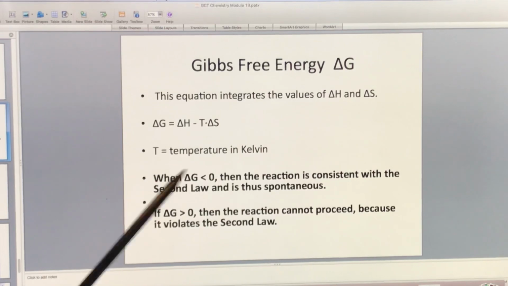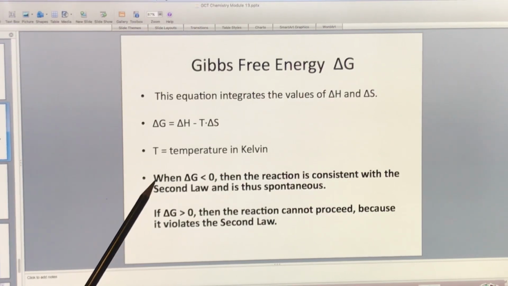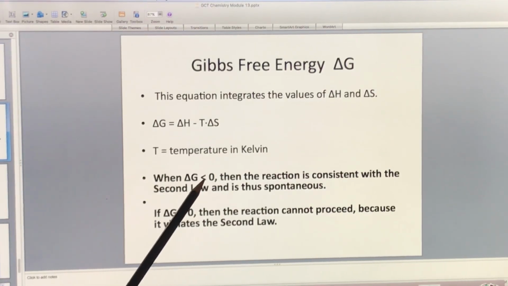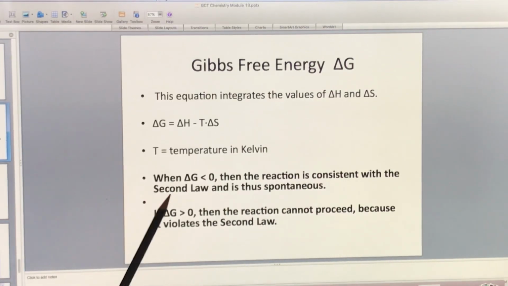And so interestingly, as he looks at different chemical reactions, a few principles come up. It says when delta G is less than 0, the reaction is consistent with the second law of thermodynamics and it is spontaneous, versus if the delta G is greater than 0, the reaction cannot proceed because it would violate the second law.